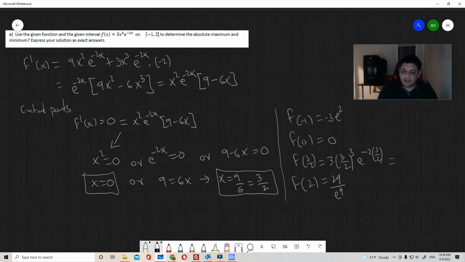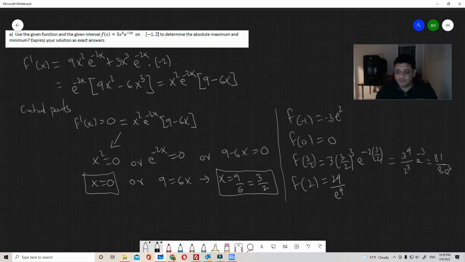Notice the 3 over here times (3/2) cubed can be seen as 3 to the 4th over 2 cubed, right? And this over here can be seen as e to the -3. So if I simplify a little bit more, this value is 3 to the 4 is 81 over 8 e to the 3.